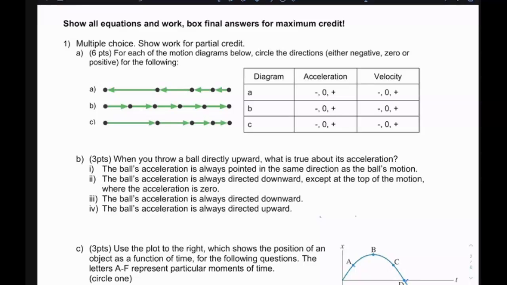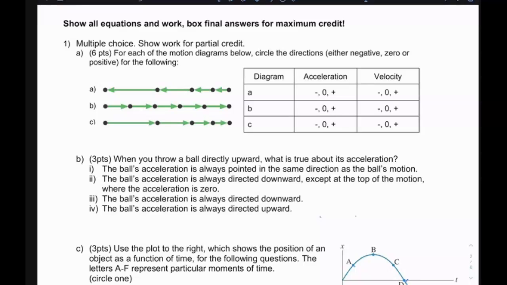Example A shows a motion diagram of an object that is moving towards negative x, as indicated by the direction of the velocity vectors between the frames. And the velocity is getting larger between frames.